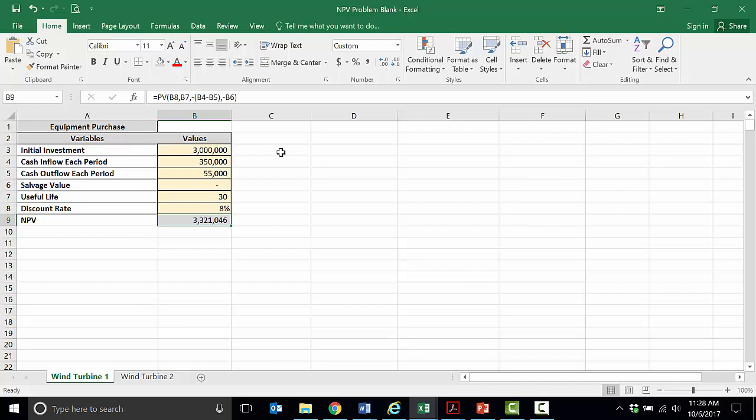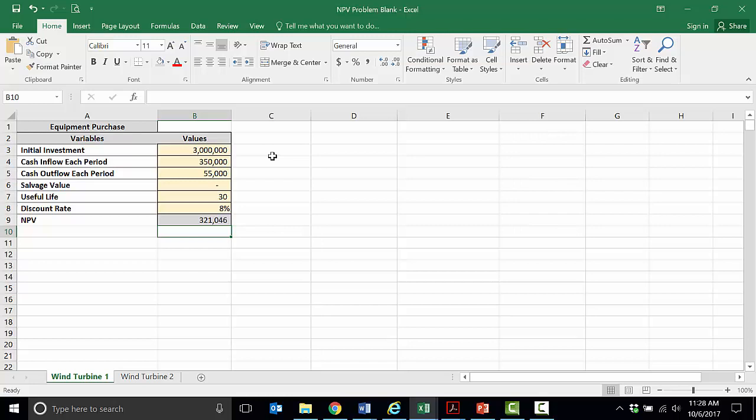Next, I need to take into consideration this $3 million initial investment that we made in the wind turbine. The way I would account for that is by subtracting the initial investment from the net present value of those periodic cash flows. This gives me a net present value of $321,046.